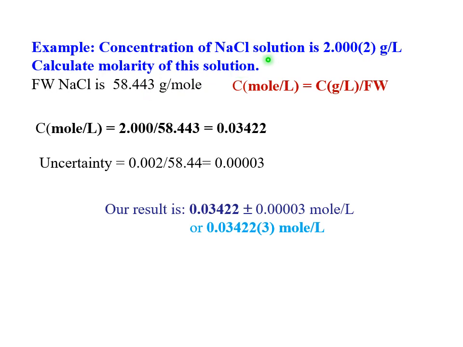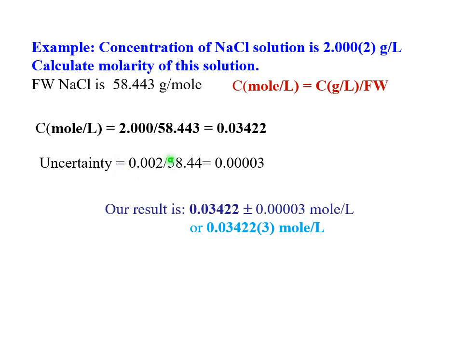It's a 5-digit number, so we do not need to take into account any uncertainties here. Our molarity will be concentration in grams per liter divided by formula weight. We'll have this result as a 4-digit number.